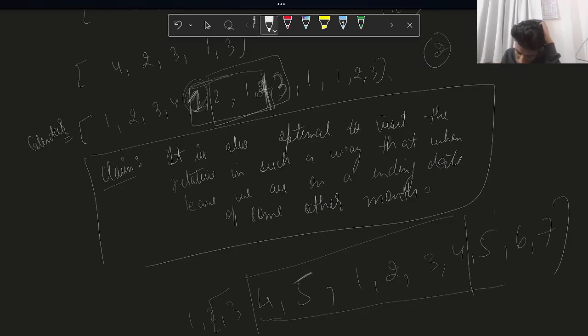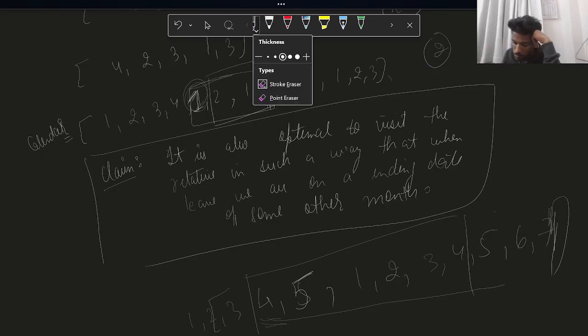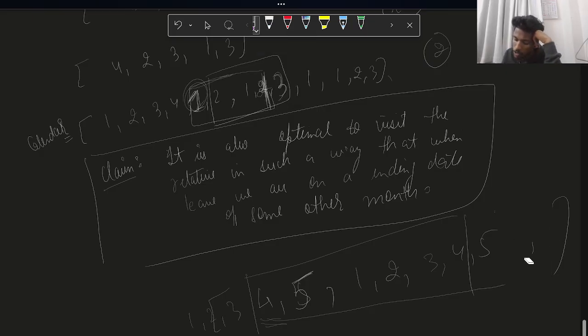But if you ignored this 5 and started from this 7, first of all, suppose there was no 7, there was 6 only, or suppose there was still 5 only, and still you thought of visiting from 4.